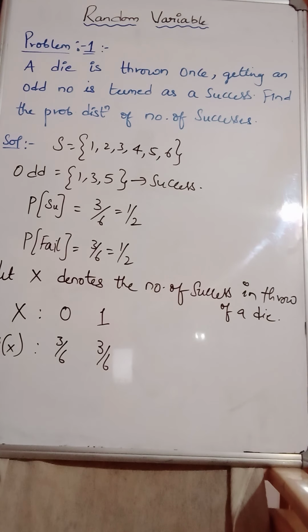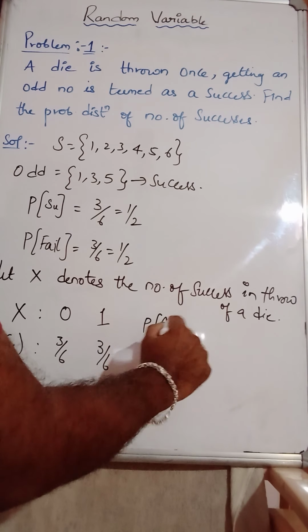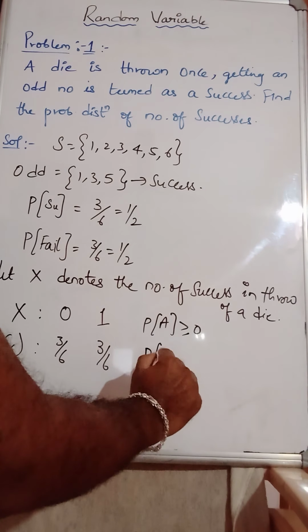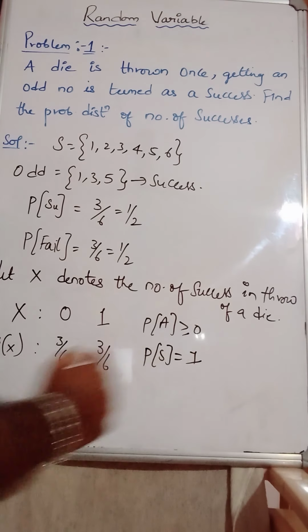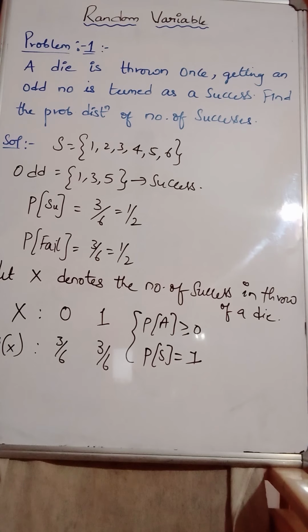As you know the probability distribution conditions: probability of any sample point should not be negative. Probability of A should always be greater than or equal to 0. At the same time, the probability of the total sample space is always equal to 1. These two conditions should always be satisfied in any problem, remember.